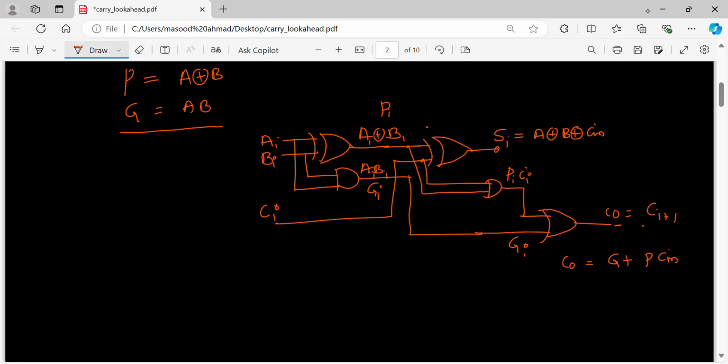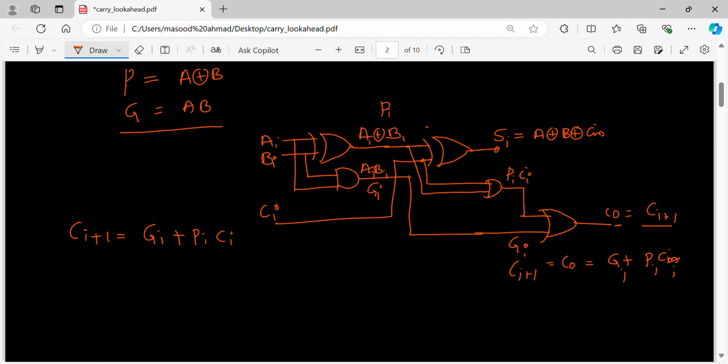What is Ci plus 1? It is Gi plus Pi, and instead of Cin, it becomes Ci. So I write it like this: Ci plus 1 is nothing but Gi plus Pi Ci.